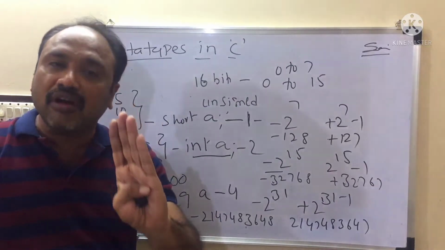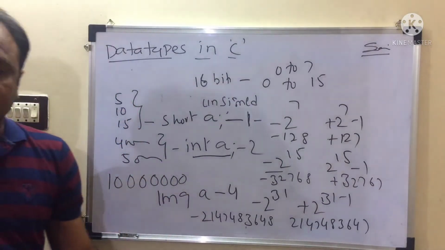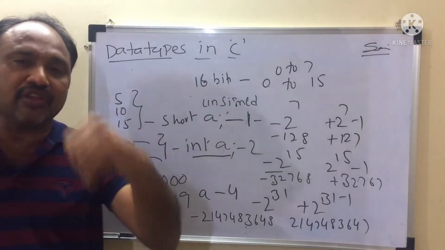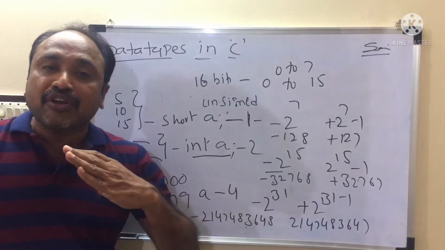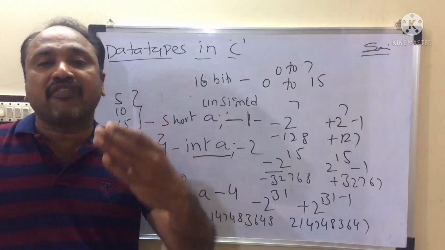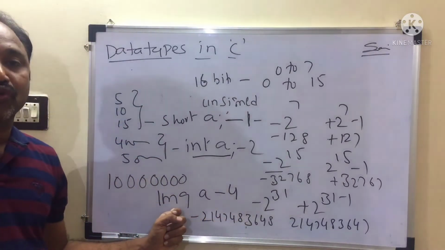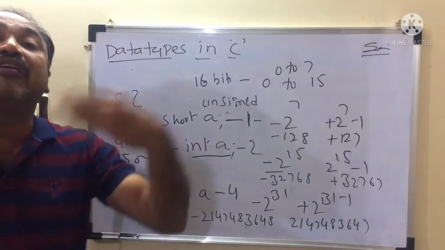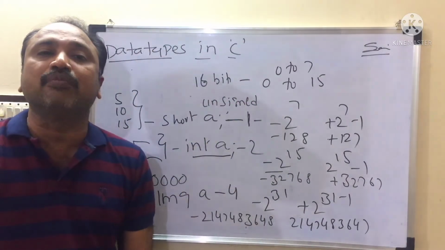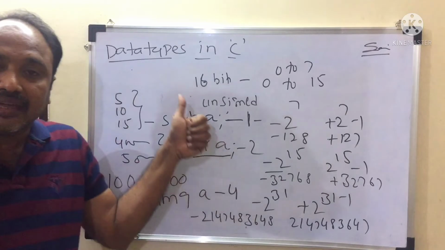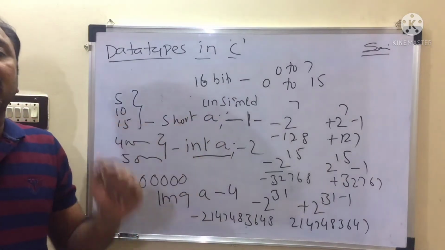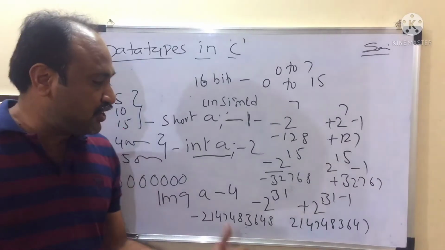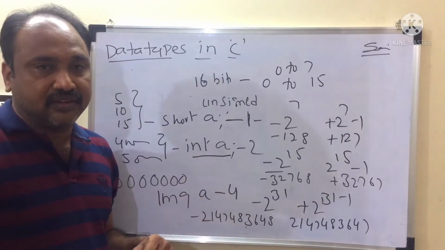That's why, when you work with smaller values, go for smaller data types, and with larger values, go with larger data types. Larger values require more storage, and that's why they have introduced all these different data types. This is about signed integers.